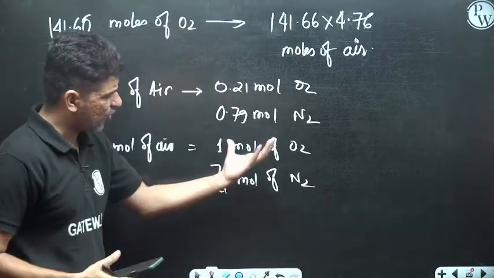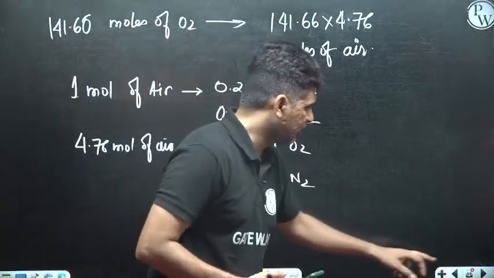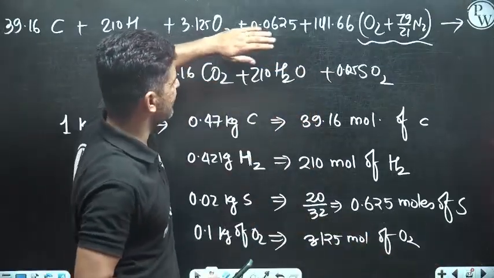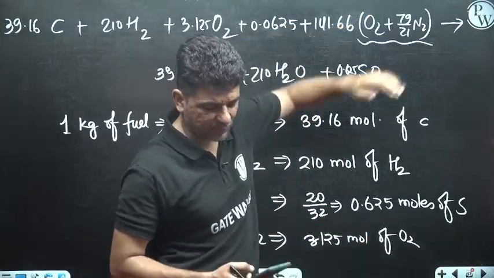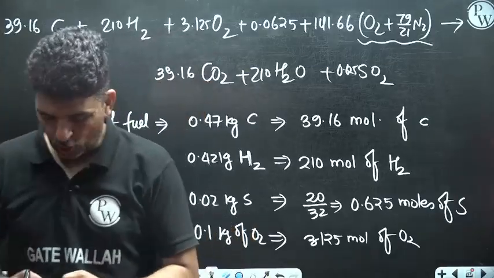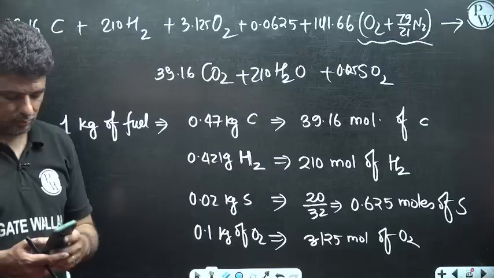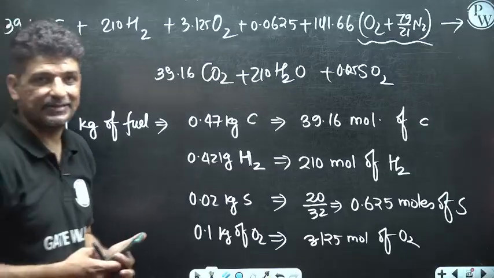This is what we are taking in the reaction. So when you are taking in the reaction, you are basically taking in 4.76 moles of your air. So 1 divided by 0.21 is 4.76. Understood?